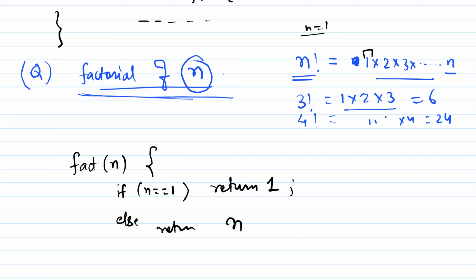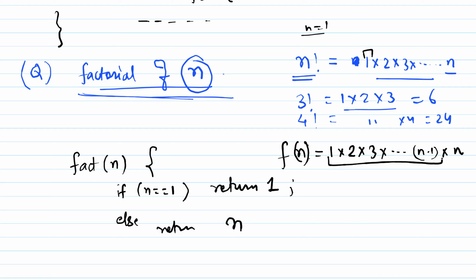So in this, let's try to break it. We have 1 multiplied by 2 multiplied by 3 all the way up to n minus 1 multiplied by n. This is n factorial or fn. So if you take till this step, then this will be fn minus 1 and this is n. So n multiplied by fn minus 1.